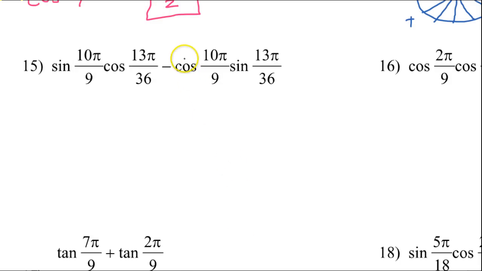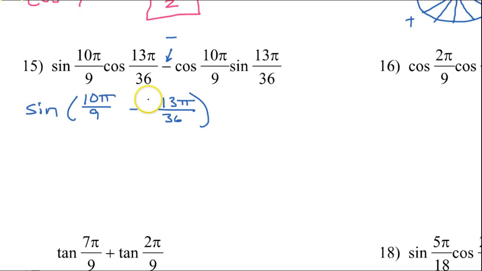Okay, so here I see that it is subtraction in the middle. Boom. So it's going to be subtraction. So that tells me that I can rewrite this as the sine of the first angle, 10 pi over 9, minus the second angle, 13 pi over 36.